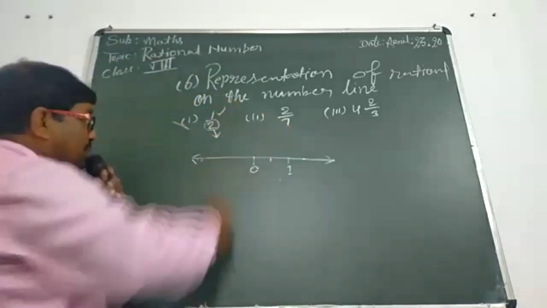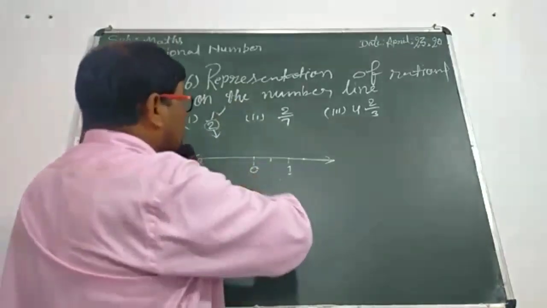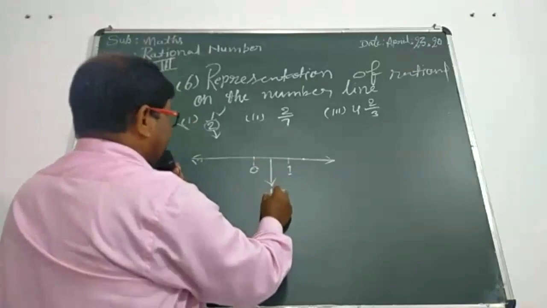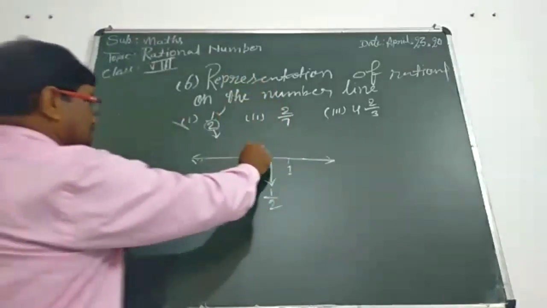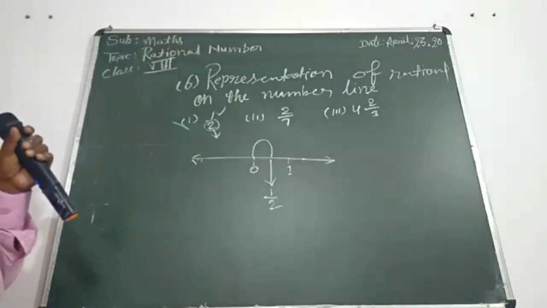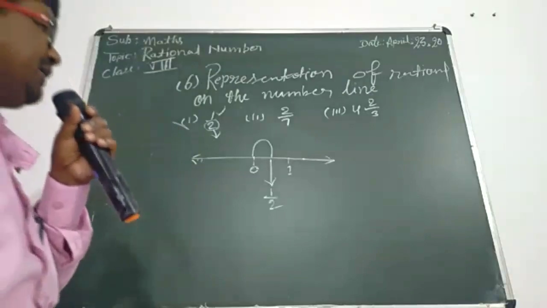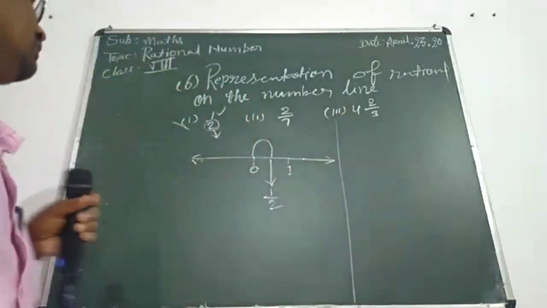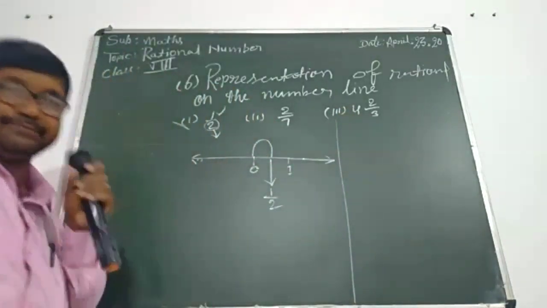Now numerator is 1, so from 0, count 1 sub part. So this is the 1 sub part, and write here 1 upon 2. This is the representation of a rational number on the number line. Understood? Now check the second example. Okay, first do it.